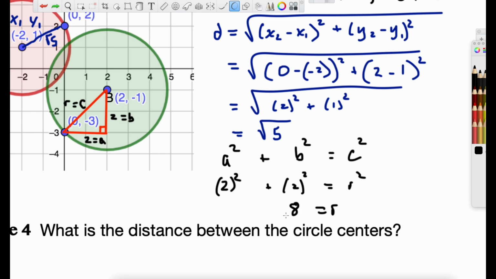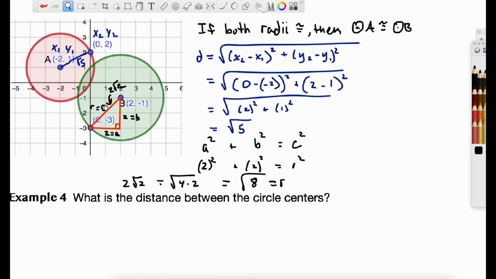And the square root of 8: well, 4 times 2 is 8, and the square root of 4 is 2, so this is 2 root 2. So our radius here is 2 root 2.